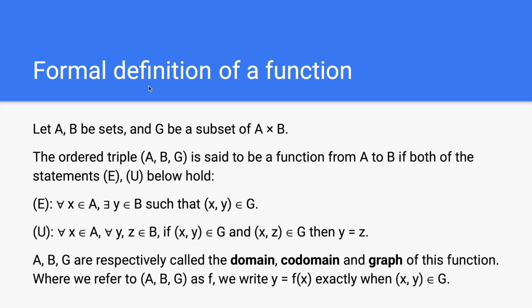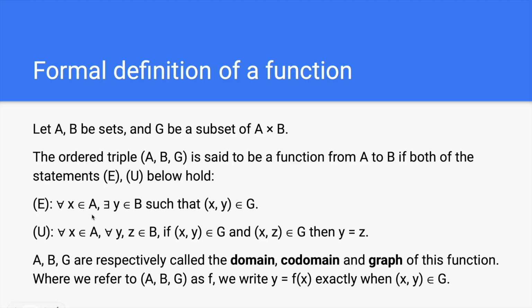Here comes the formal definition of a function. Let A, B be sets, and G be a subset of A times B. The ordered triple (A, B, G) is said to be a function from A to B if both of the statements E and U below hold.